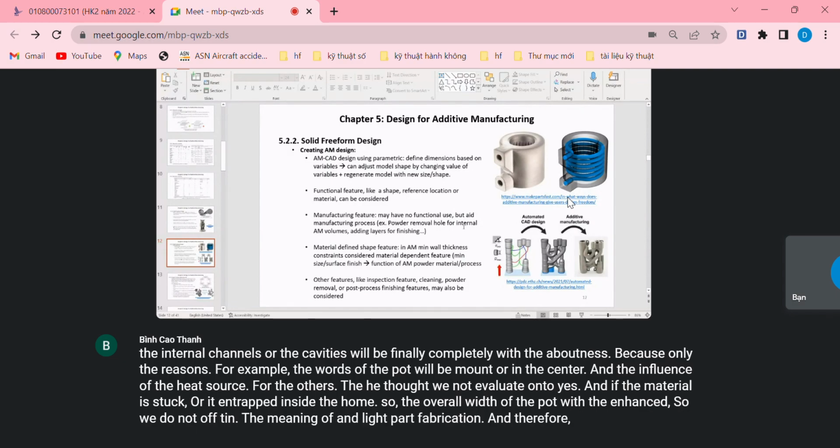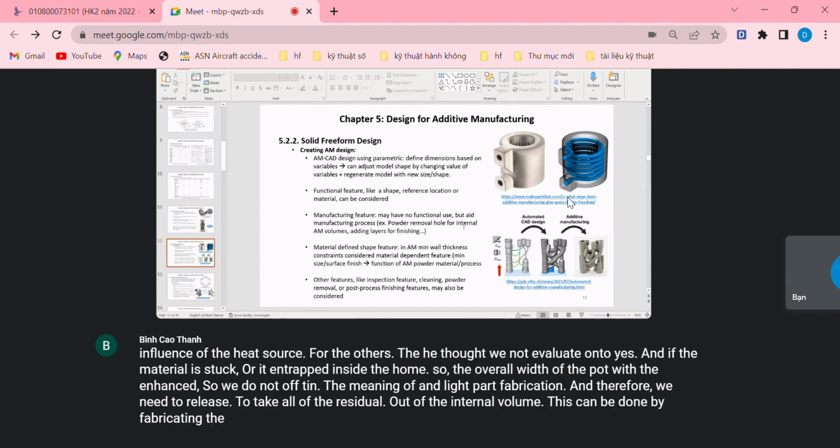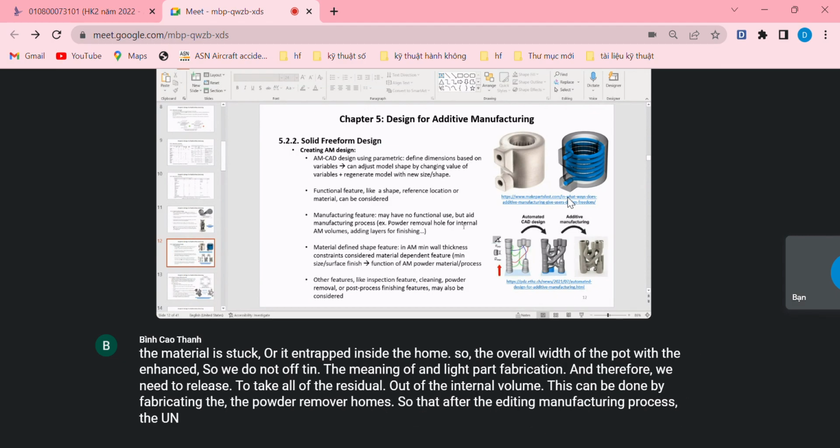Therefore we need to release and take all of the residual out of the internal volume. This can be done by fabricating powder remover holes, so that after the additive manufacturing process, the unfabricated powders can be released or taken out of the part.